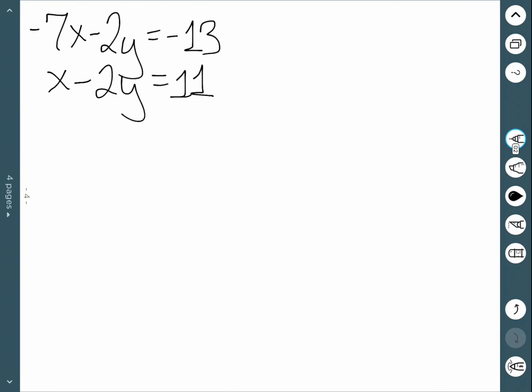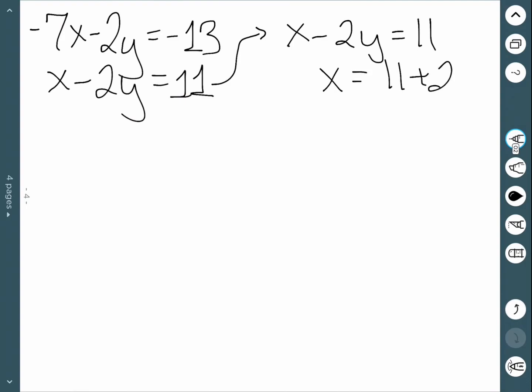Here, I have negative 7x minus 2y equal to negative 13 and x minus 2y equal to 11. Like we said in the last example, we really want to pick an equation and a variable that has a coefficient of 1. So I'm going to solve my second equation for x. We'll do that by adding 2y to both sides. So now I have x equal to 11 plus 2y.